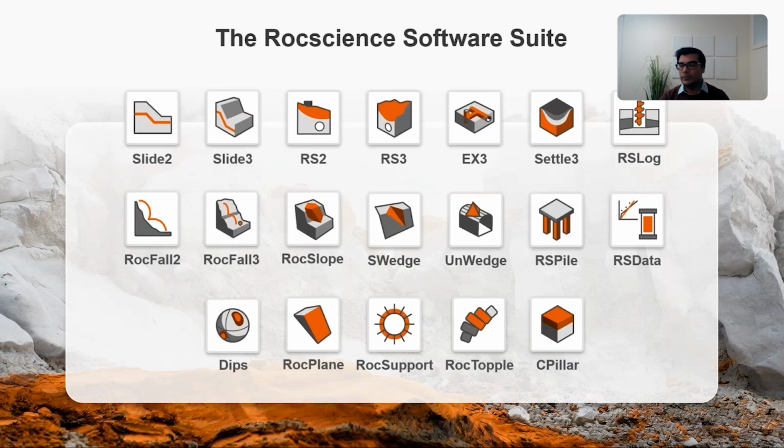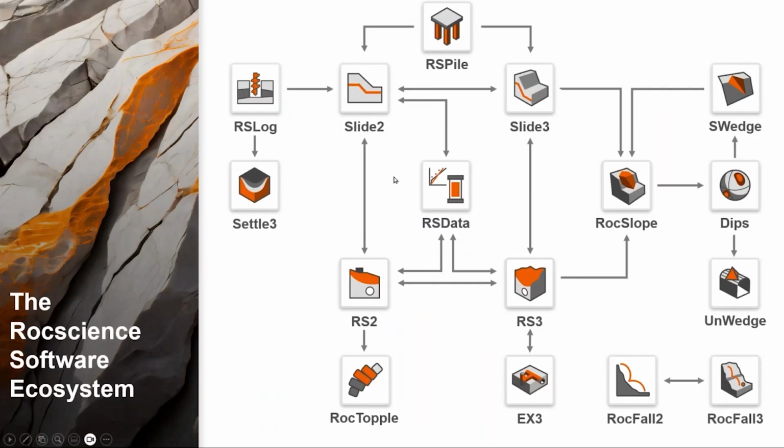Here you can see the full list of our 19 products, which are all tailored to meet all your civil, mining and geotechnical needs. One of the main features of Rock Science products is that they can communicate with each other.